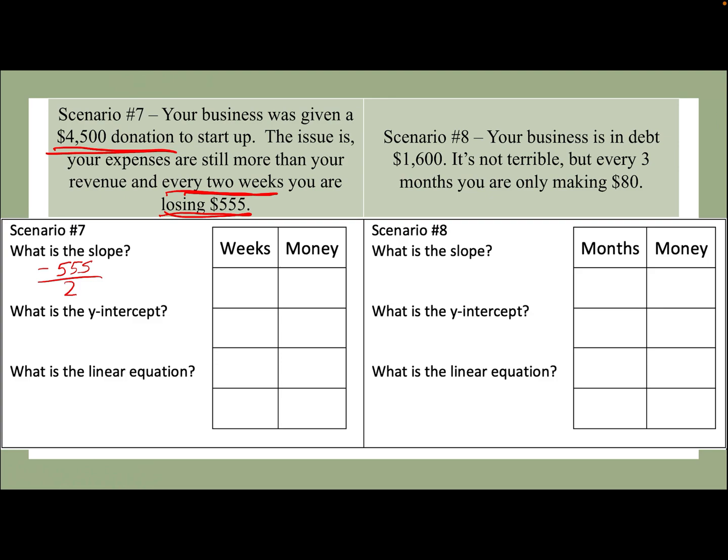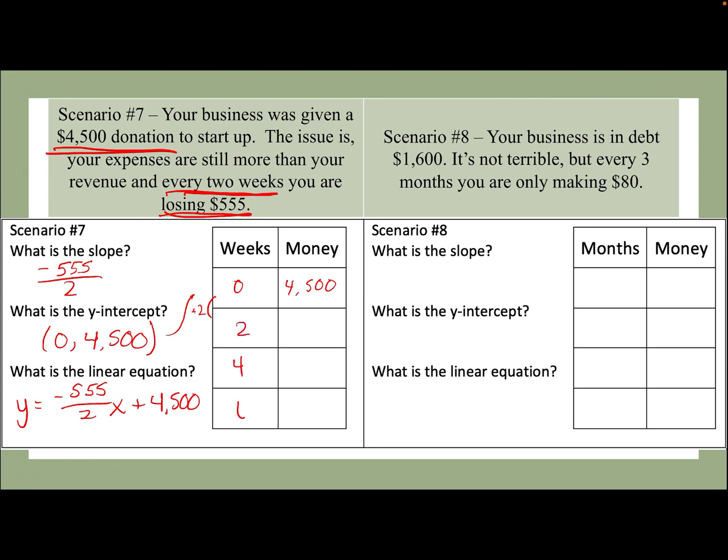My y-intercept, I got a donation, so it's going to be a positive, and I have y equals negative 555 over 2x plus 4,500. Again, we'll start with our y-intercept. So 0, 4,500. This time we're counting by 2's because our 2's on the bottom.